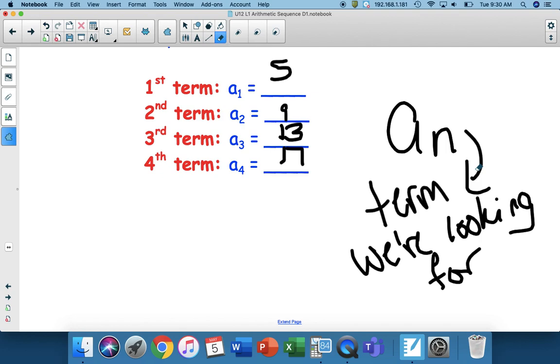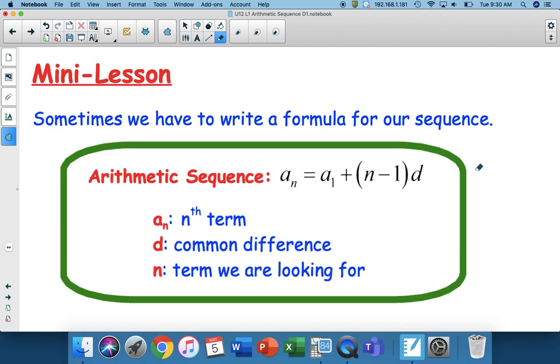All right, so let's look at some examples now. Oh, before we do that, I'm sorry, we actually have a formula here to copy down. Please copy this down now. It's very important that you have the arithmetic sequence AN. The common difference is going to be represented by D. That's our pattern. And N is going to be the term we're looking for.